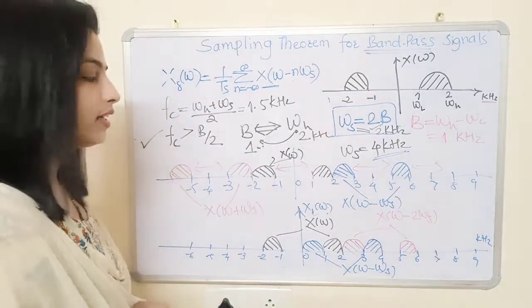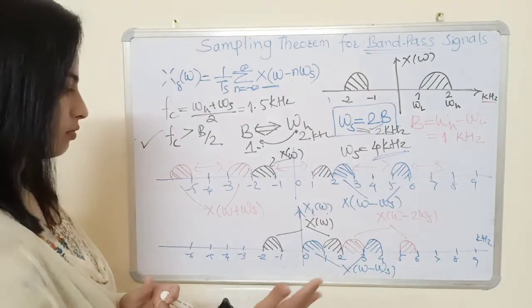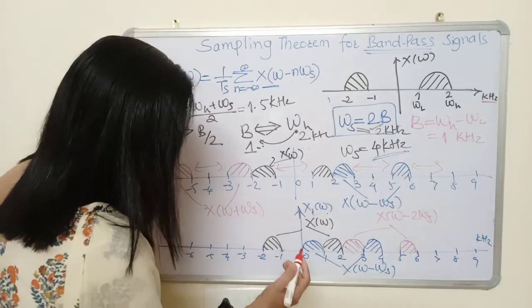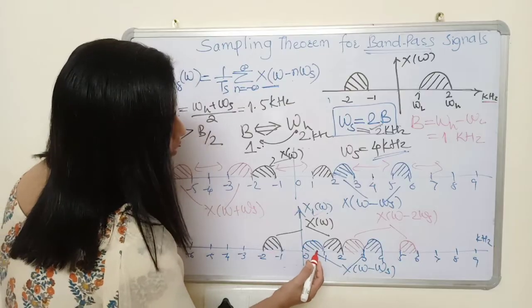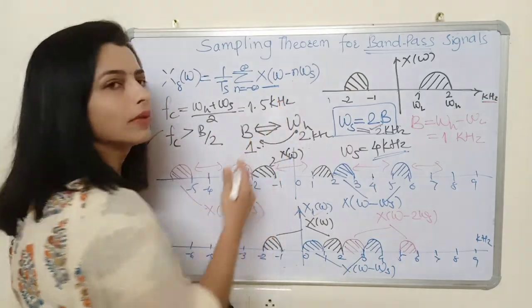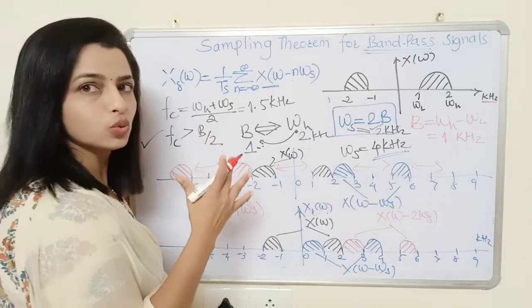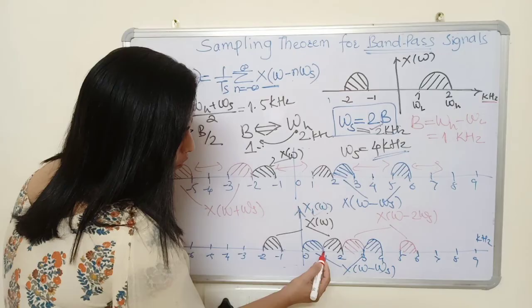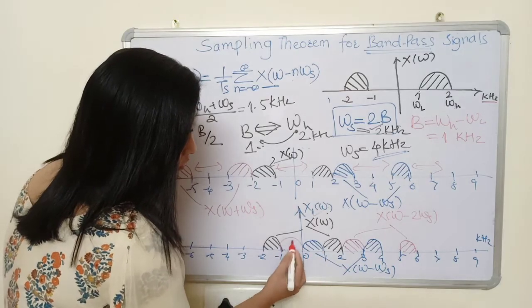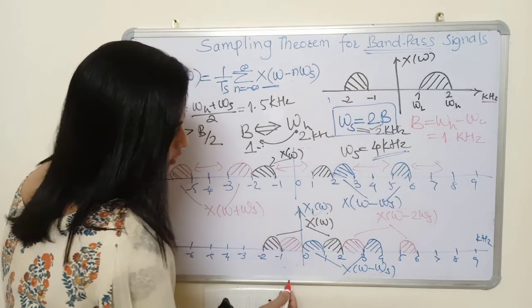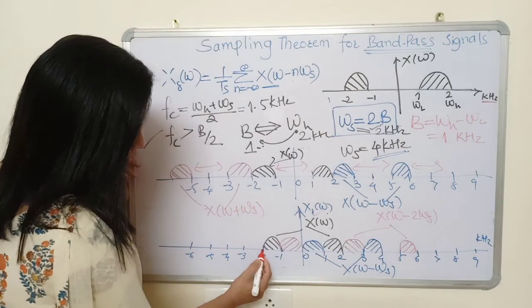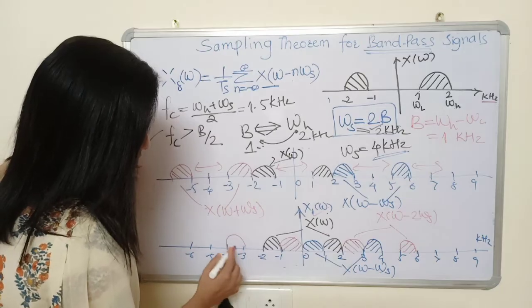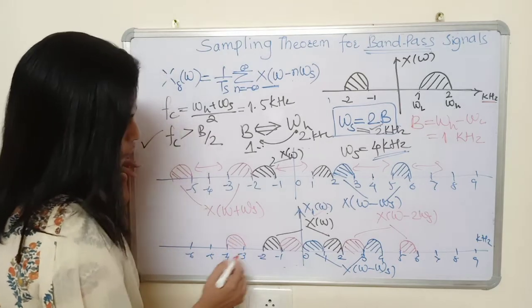Now let us move to this side. I'll draw in red. Now omega plus omega s, omega plus 2 kilohertz. Let us move 1, 2. So it will be like this, and this by 2, 1, 2. Okay.